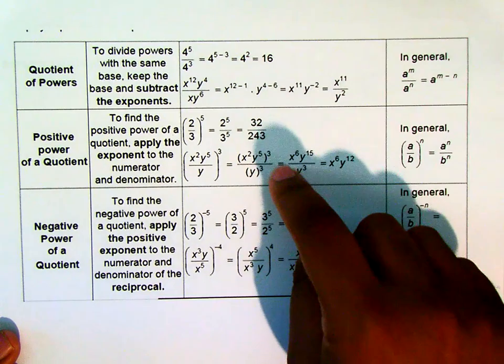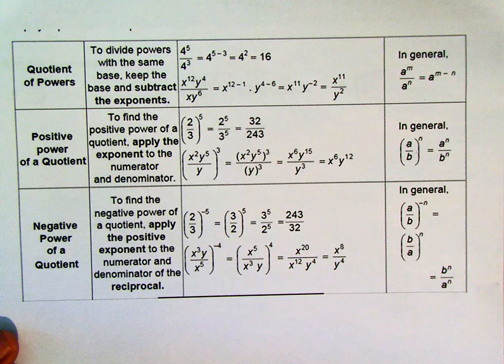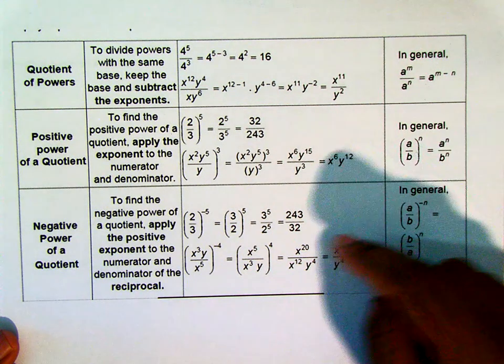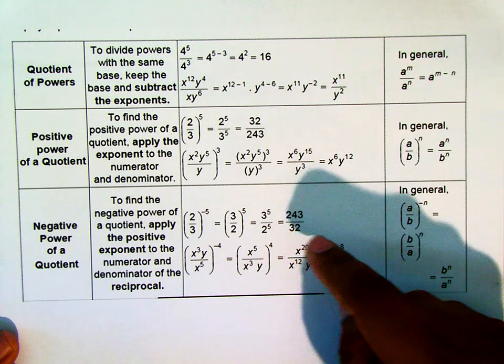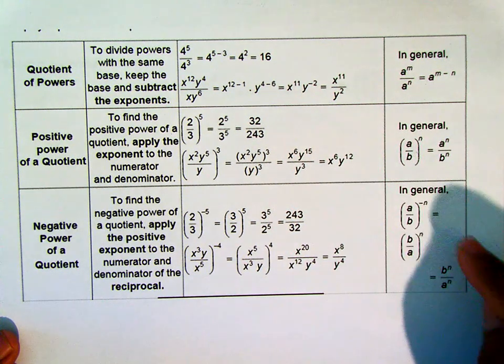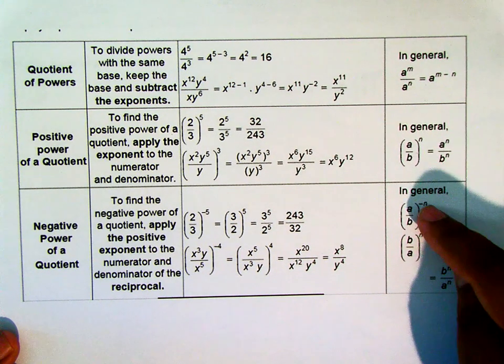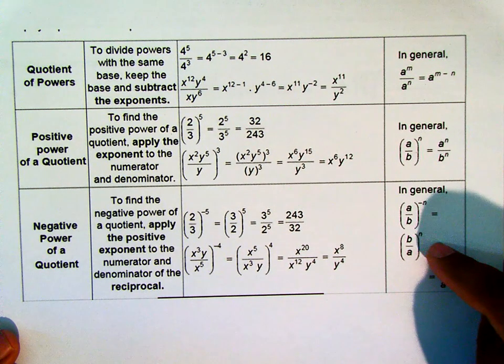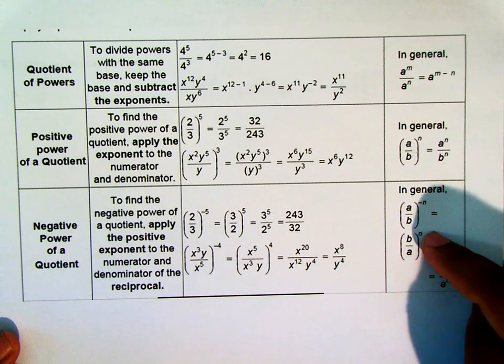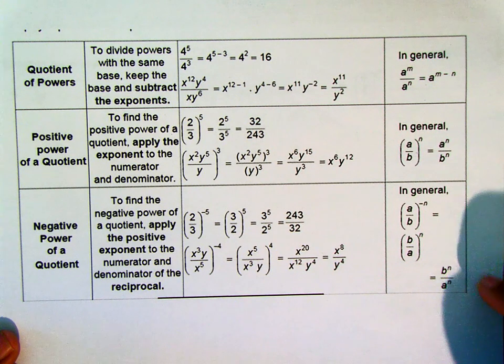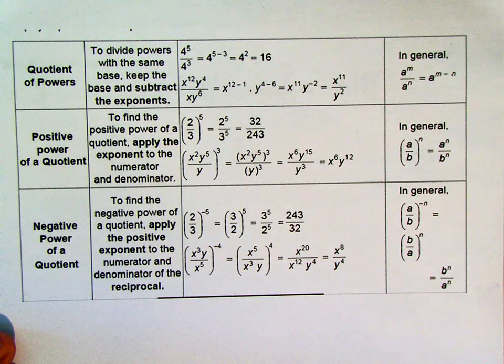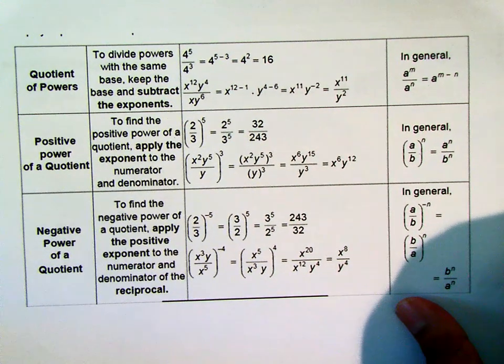Then you go back to the previous example where you're going to take that exponent and put it in the numerator and the denominator. So you see here in general they flipped it, made it positive, and applied that exponent to both the numerator and the denominator. So those are three different properties. We're going to use those in the examples we're going to work right now.